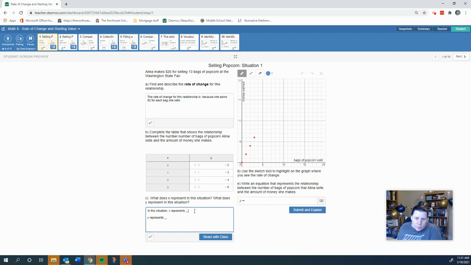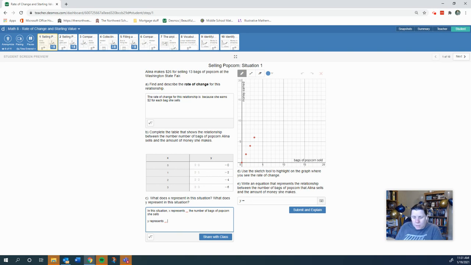In this situation, the X, so the numbers, the 0, 1, 2, 3, that's the number of bags she sells. And we can tell if you look here, where it says bags of popcorn sold, that's on the X-axis. So this right here, the X is the bags of popcorn sold.